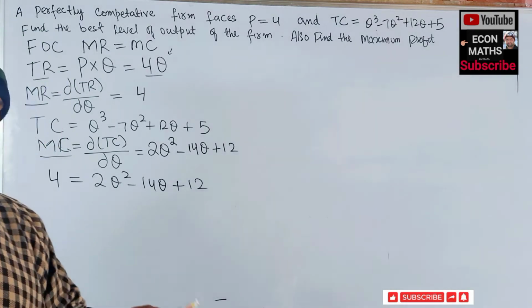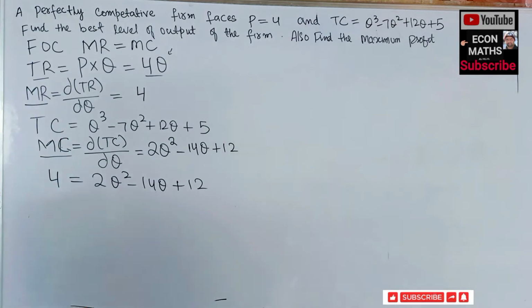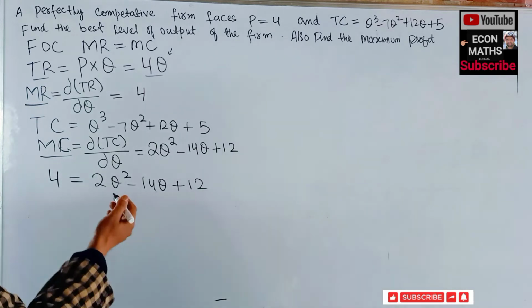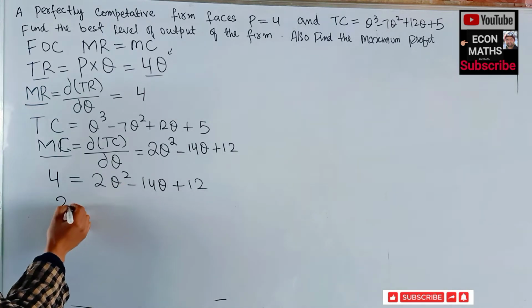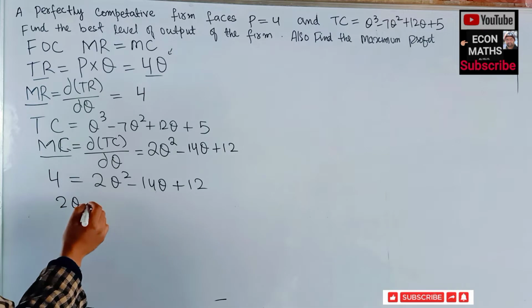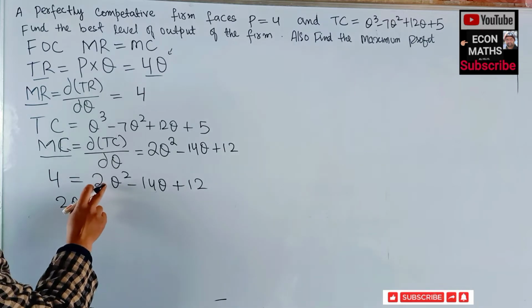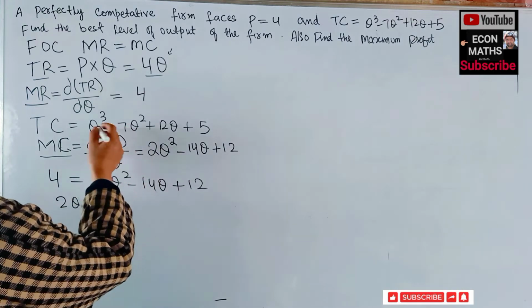Now we will solve this equation for q. Sorry, it is 3q square here, because this 3 becomes the coefficient.